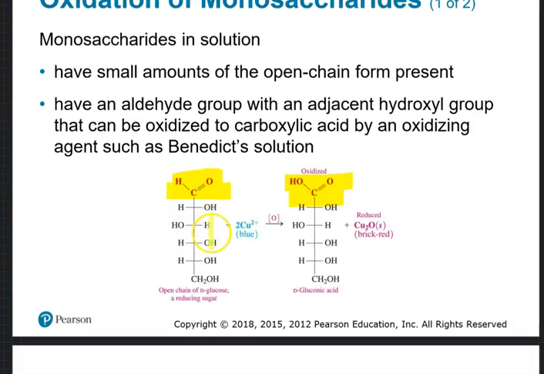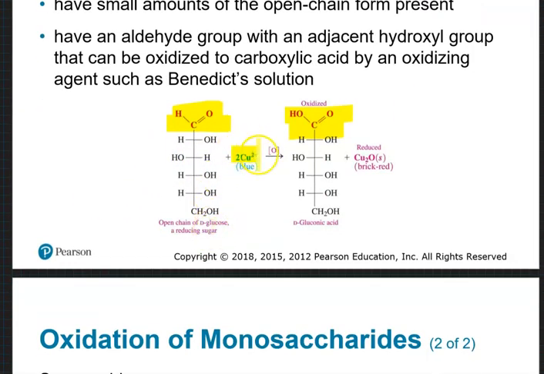Okay? In Benedict's test, you have a blue solution of copper 2. When copper 2 is boiled with an aldose, such as glucose, it oxidizes glucose to gluconic acid and produces partially reduced copper 1 in the form of copper 1 oxide, which has a brick red color, and it's a very cool test.